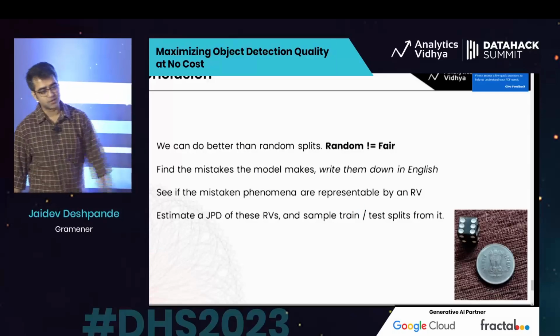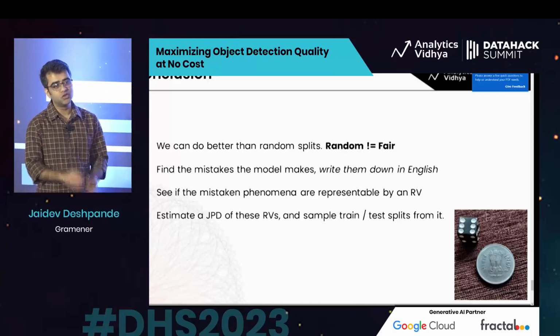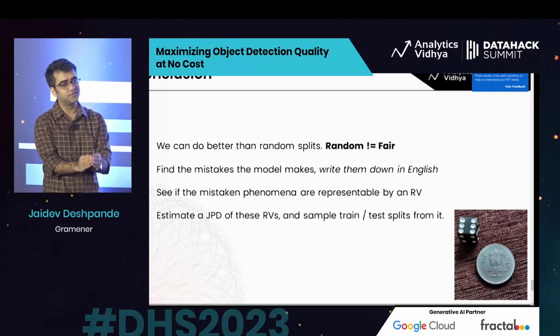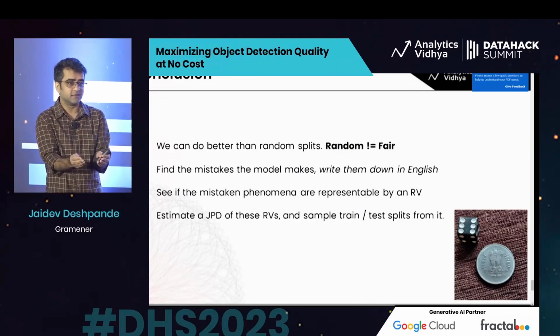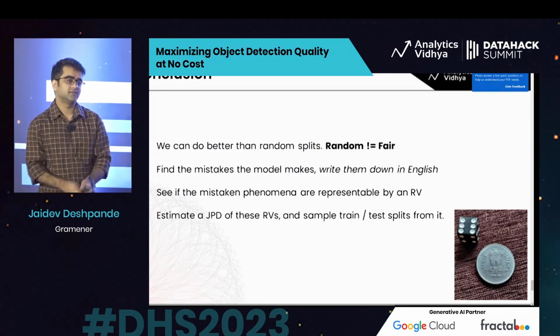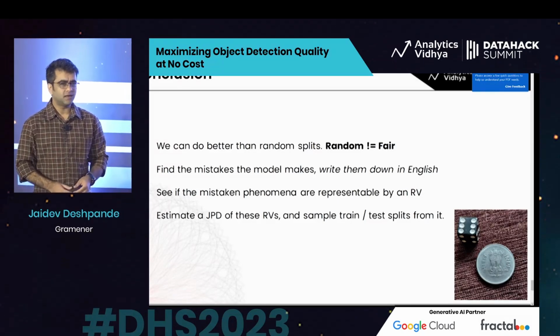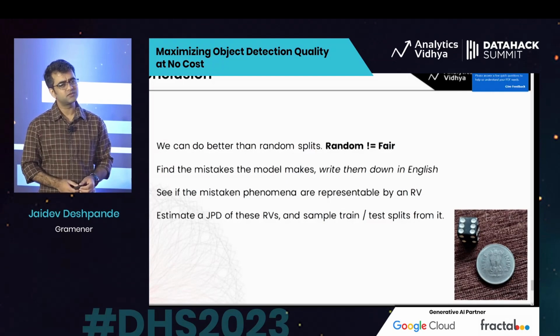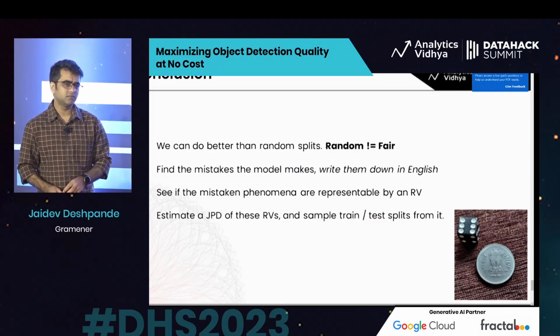Hard luck. I can't say. Because that's what I meant by writing the errors down in English. If a human understands qualitatively what the error is, then you have a chance. And I would even go so far as to say that random errors too can be sort of quantized.